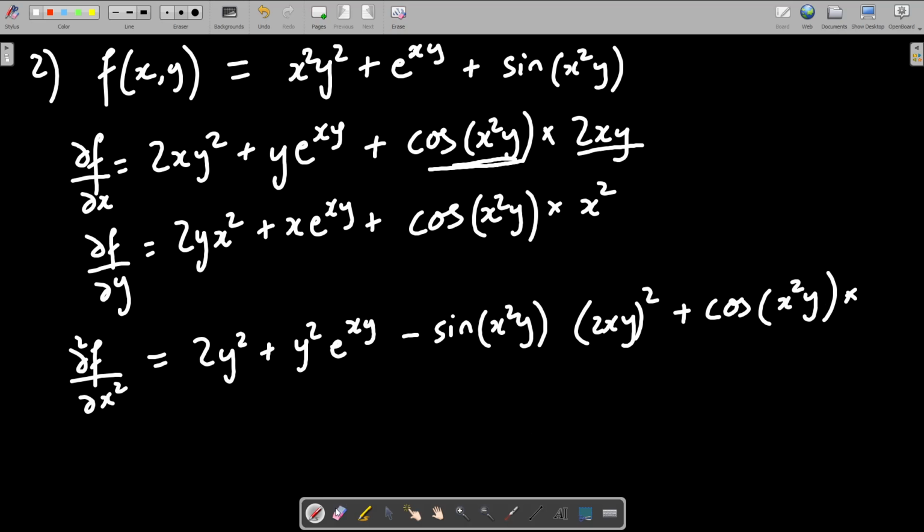Wait, this won't come now like this. Sorry, this will not be like this. This I'm taking the derivative with respect to y over here. So this will become minus sine x²y into the derivative of the inside term. The derivative of the inside term will be only x² because I'm taking the derivative with respect to y.